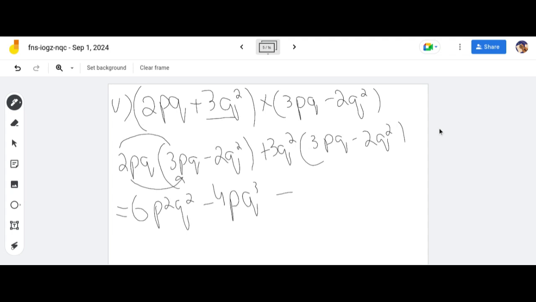Now for this term, 3 square, 9P cube Q cube. Very good. Yes, 3 twos are 6, Q to the power 4. Very good.